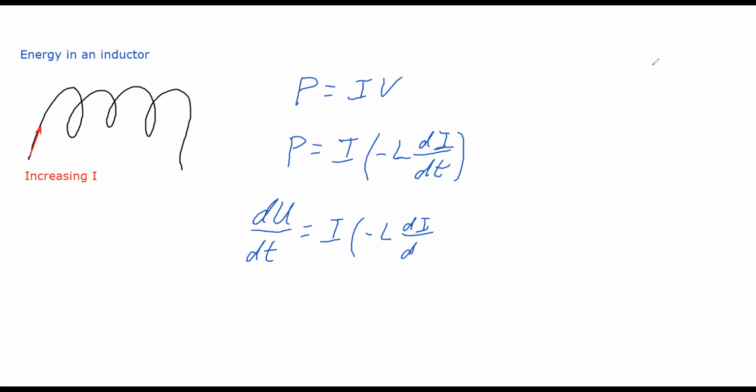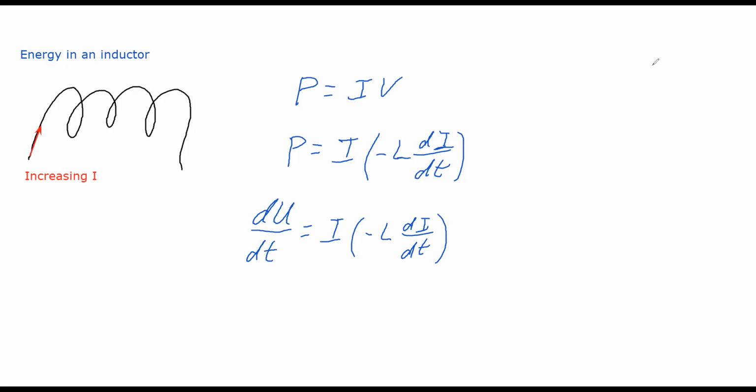Now we kind of have to think about what we're actually calculating here. What we're calculating is the energy change over time. So if I is increasing, the magnetic field is getting stronger. We're not losing energy there, and I'll show you this in a second. I have a little simulation I'll show you. We're not losing energy. What we're doing here is gaining energy.